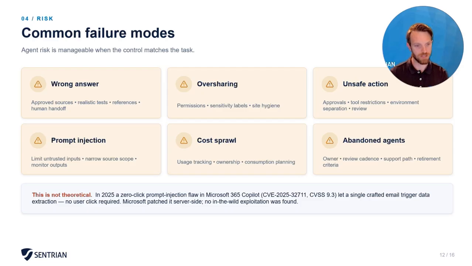There was some hidden text, and then it was doing something malicious because it contained instructions. Microsoft patched that server side, but it's a very good example of what can happen if you don't audit and restrict where it can go. And you can actually dictate what websites Copilot can retrieve information from as well. We don't need it to go out to the broader World Wide Web necessarily, depending on what the agent's purpose is.